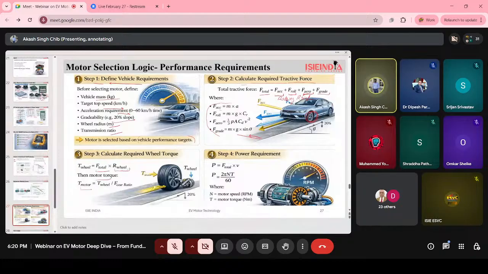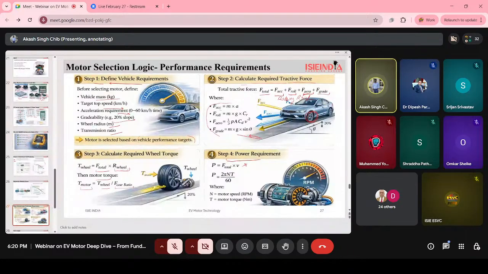How can we calculate the motor torque? By the total torque we are getting at the wheel and the force with the gear ratio. Then the last step is our power requirement. We can calculate power by the total force multiplied by the velocity, where the velocity we get from the motor.